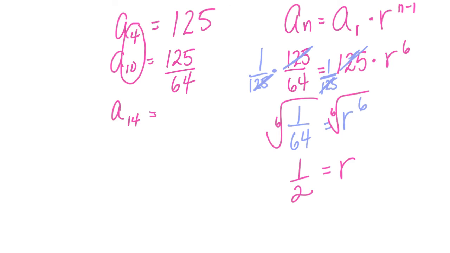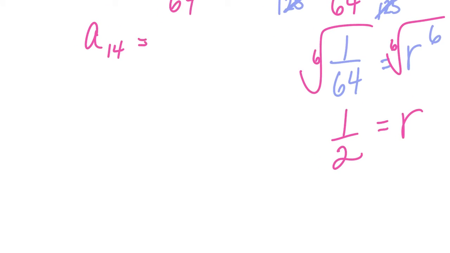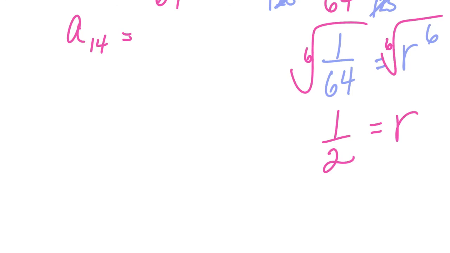So let's talk about a different way to figure this out. If we're looking for the 14th term, I can say a sub 14, and I can put in the 10th term, but then just take the ratio to the number subtracted, 14 minus 10. Just like before, I could put in the highest answer.